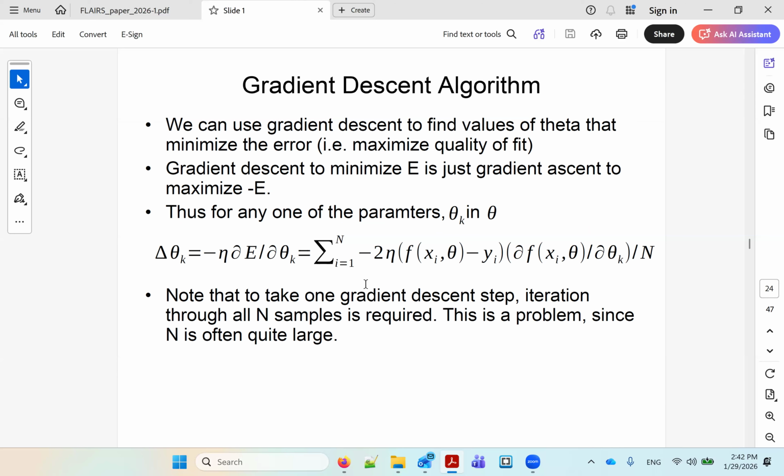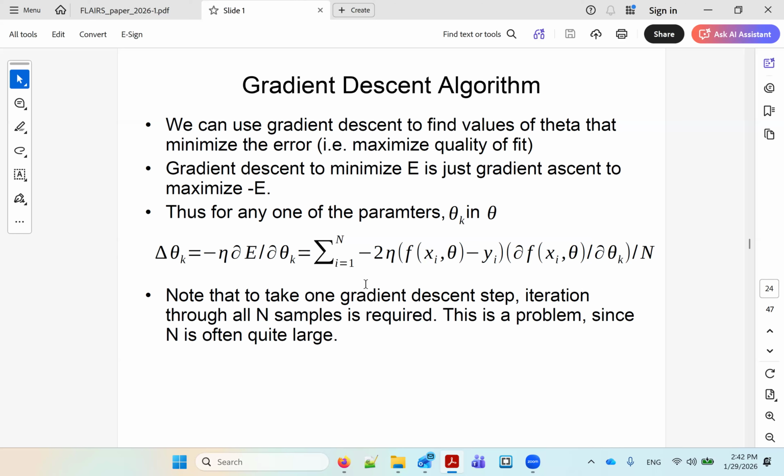I don't know whether I want to speak to this slide in detail or not, but at least if you ignore this piece here, you ought to recognize this, right? So say theta sub k is one of the parameters that we're trying to tune.